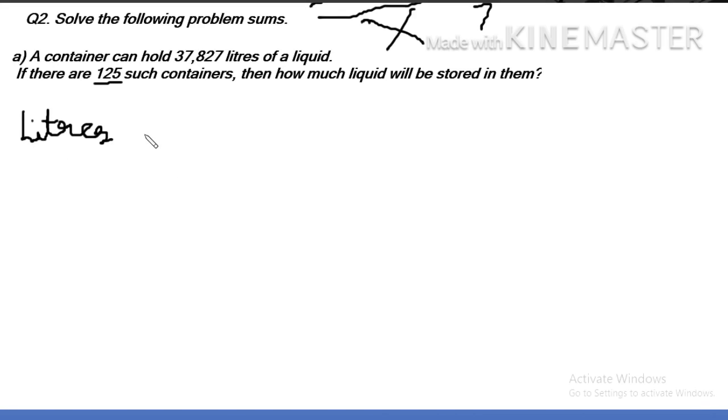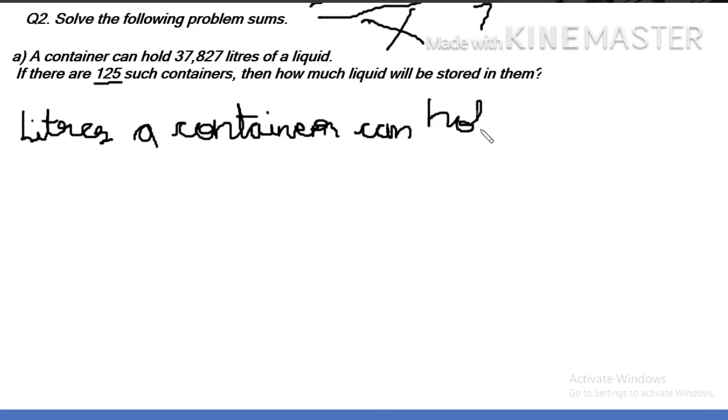Liters a container can hold is equal to 37,827.